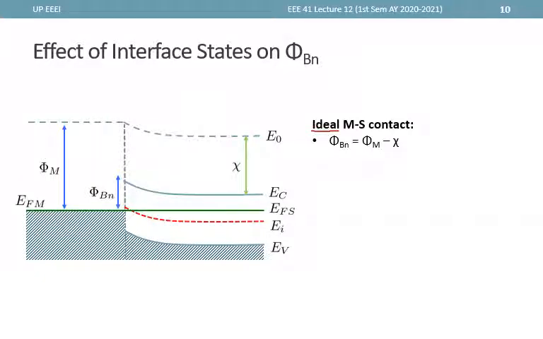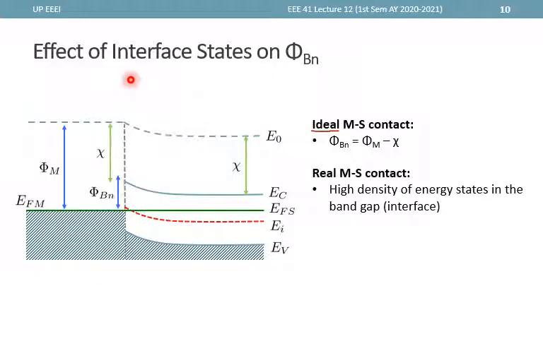And what actually happens when we fabricate a real MS contact is that there will be a high density of energy states at the band gap at the interface. So ideally, since that must be the band gap, then there must be no energy states right there that the electrons can occupy. However, when we form this MS contact, there actually exist some energy levels at this interface that the electrons suddenly are able to occupy.